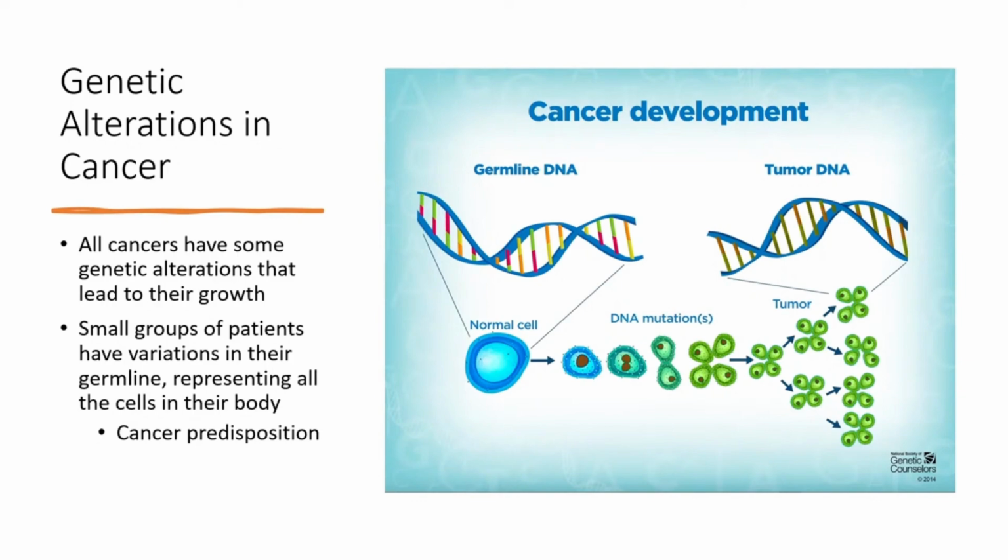In the spectrum from normal cells to the tumor cells, there can be alterations that occur, errors in DNA as they replicate, that lead to the development of a tumor. So all cancers have some kind of genetic alterations that cause them to grow out of control. And those are often, certainly not always, related to changes in the whole body.